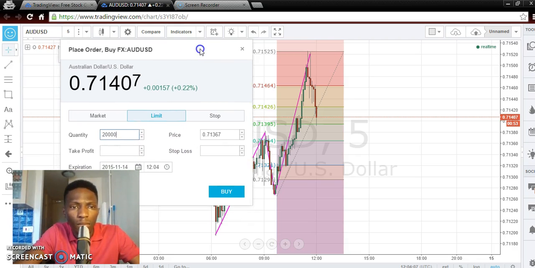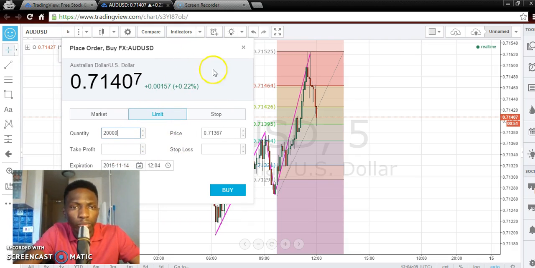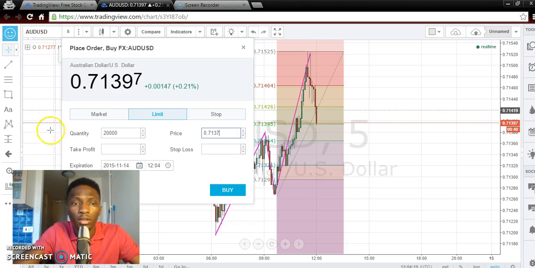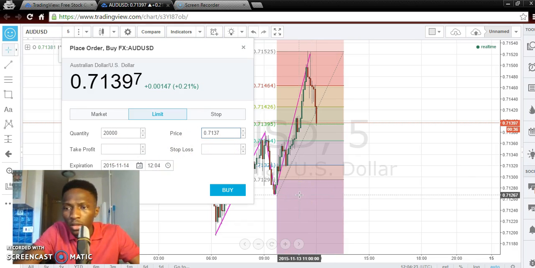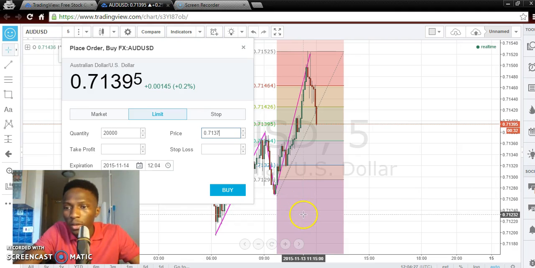So 71.37. Our stop loss is going to go below B. So B is at 71.26, so we're going to put our stop loss at around 71.22.